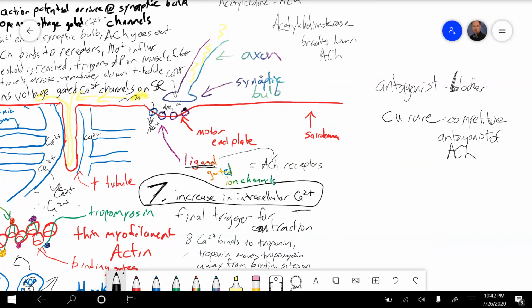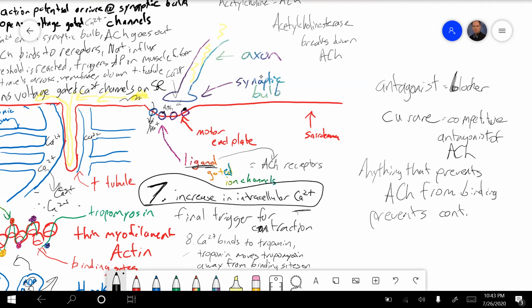If you block the acetylcholine receptor, what happens to the muscle? Nothing. Can't contract muscle if that receptor is blocked. Anything that prevents acetylcholine from binding prevents contraction.